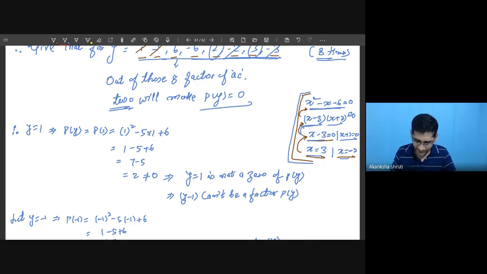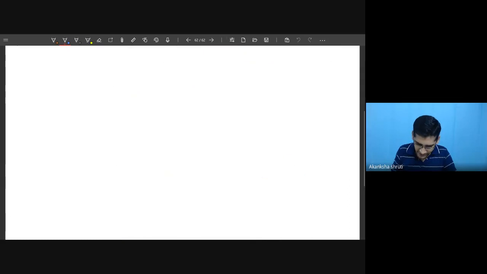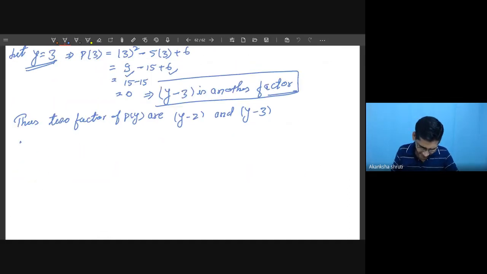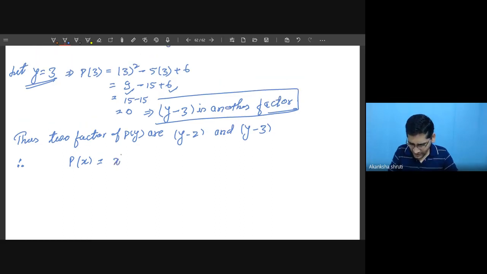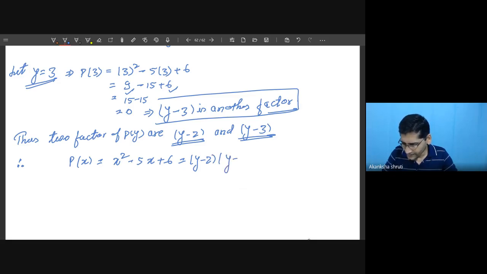Okay, student. So therefore this p of x, the given p of x, which is x square minus 5x plus 6, can be written as the product of these two that we have obtained by the trial: y minus 2 into y minus 3.